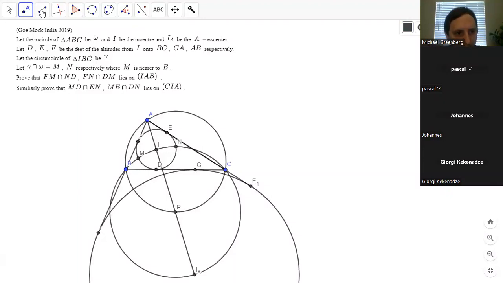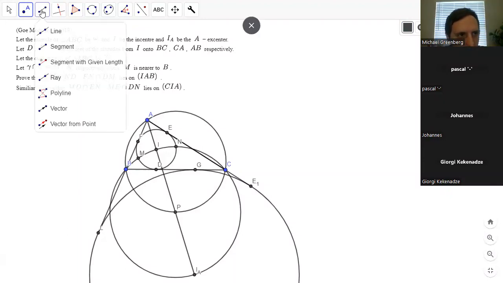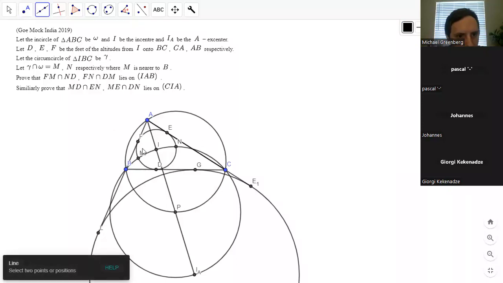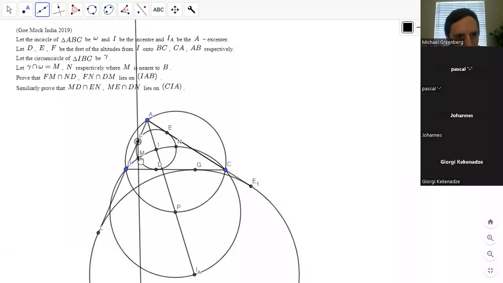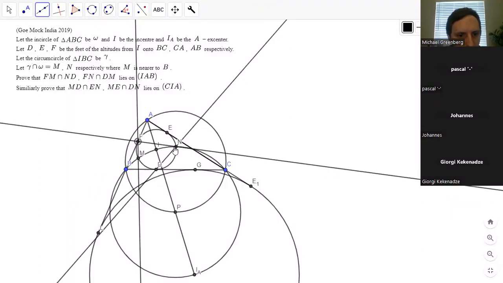So FM intersect ND, and FN. So FM intersect ND. We want to show that lies on. Doesn't look right. And FN intersect DM.